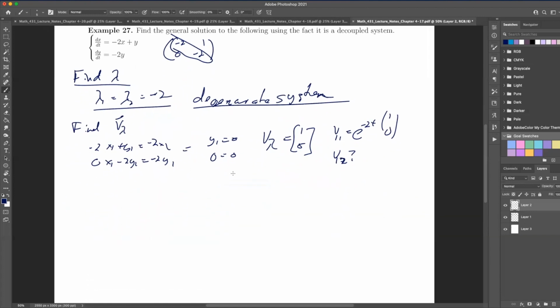So let's go back. Could I solve this one using a different method? Sure. This is a partially decoupled system. Let's see what happens, solve it, and see if we can get to our other answer.